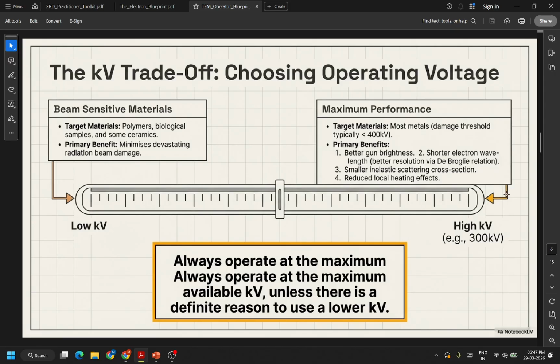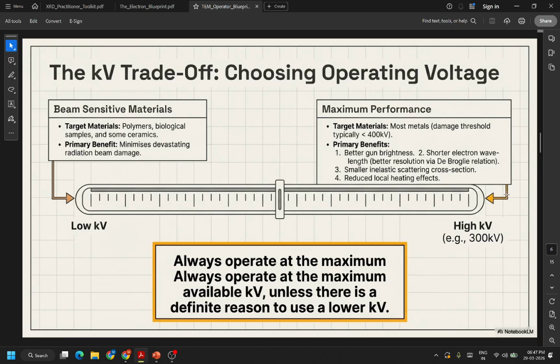There are beam sensitive materials like polymers, biological samples, and some ceramics. So they have to use low kilovolt acceleration voltage to minimize the devastating radiation beam damage.